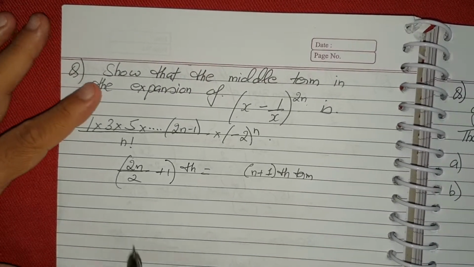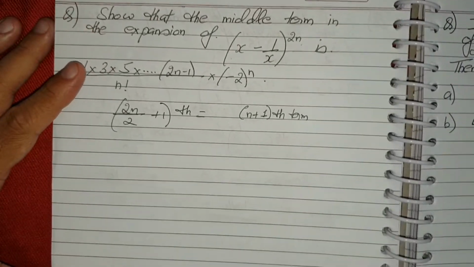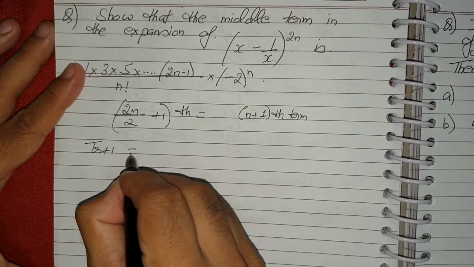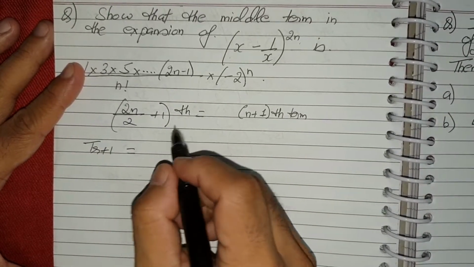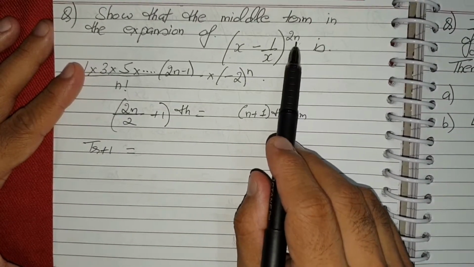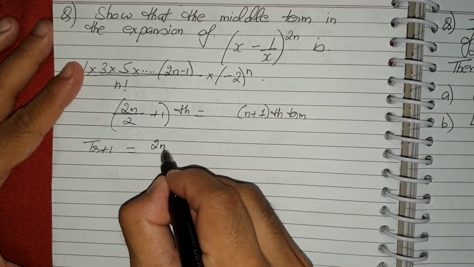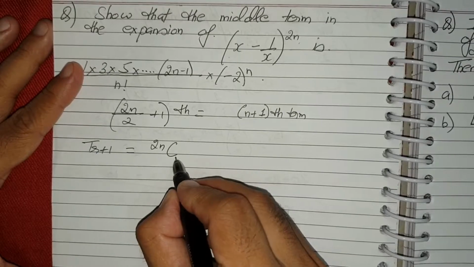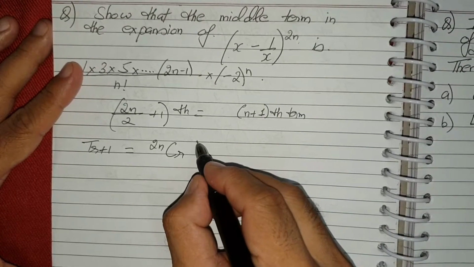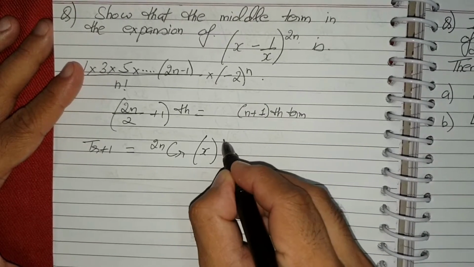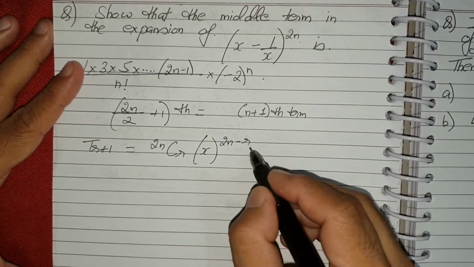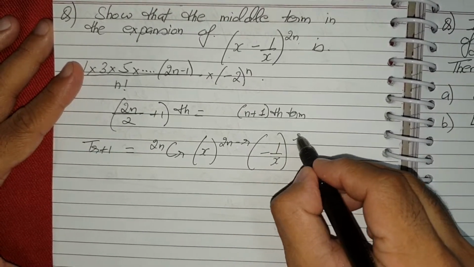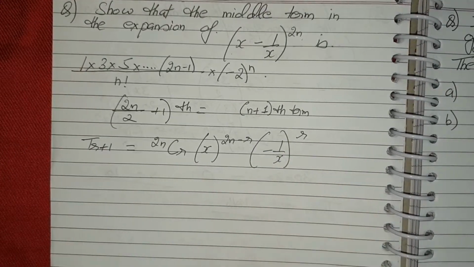Now, writing the general form, T(r+1), since n is 2n, this will be 2n C r, x to the power 2n minus r, and this will be minus 1 by x to the power r. Okay, so this was the general term.